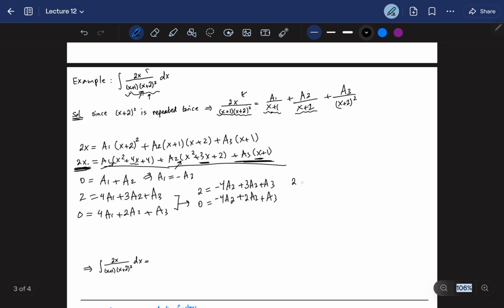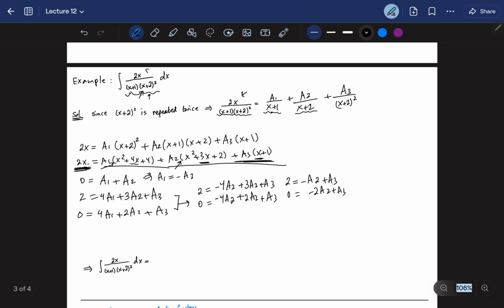If we simplify, 2 is equal to negative a2 plus a3, and then 0 is equal to negative 2a2 plus a3.